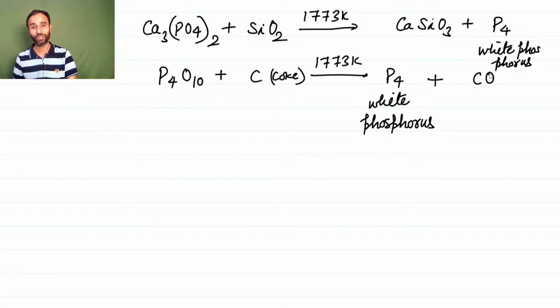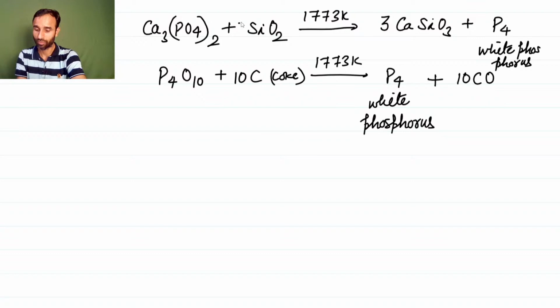This is very important thing. Okay, just balance it. So 10 CO. Now calcium phosphate, so 3. So okay, 2. Okay, sorry. 4. So P4 and 3 to the 6.